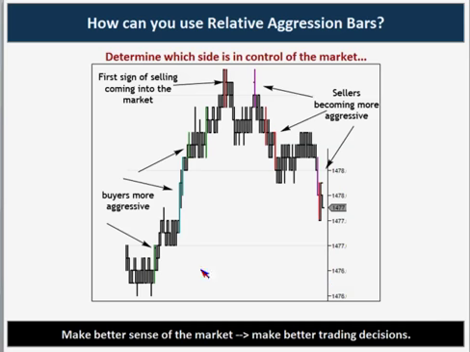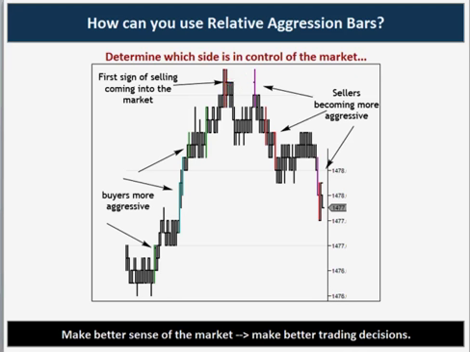Getting back to this slide, you can see the level 2, some strong buying aggression starting to come in. You get some follow through, and some extreme buying starting to come in, some follow through higher. Another extreme buying aggression bar with some follow through, strong buying aggression. Then you can see here is the first sign of some aggressive selling coming into the market with this level 2 bar.